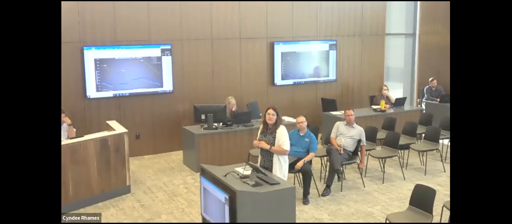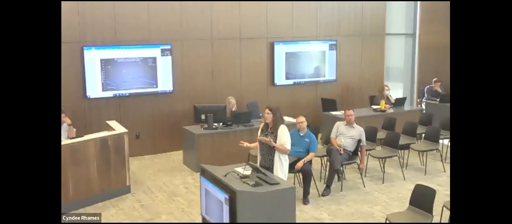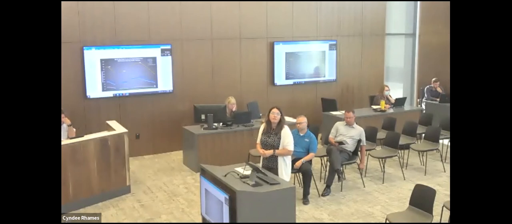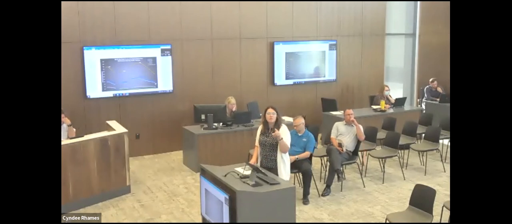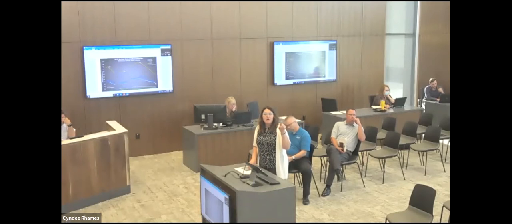As you can see, when we looked at the PM peak hour, we're actually looking at the highest peak hour of the day. So when you're looking at improvements, if we do it for the PM peak hour, that is covering the AM peak hour. And as you can see, most of the movements are higher. Those are all the directional volumes down there at the bottom. So they're all higher in the PM peak than they are in the AM peak.